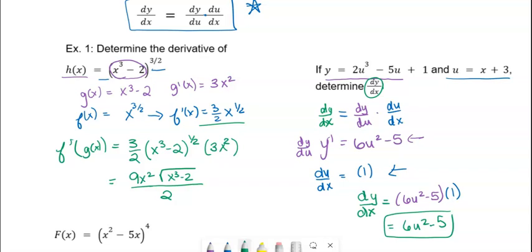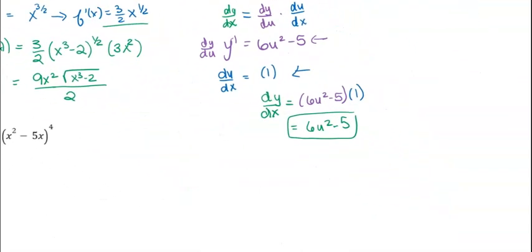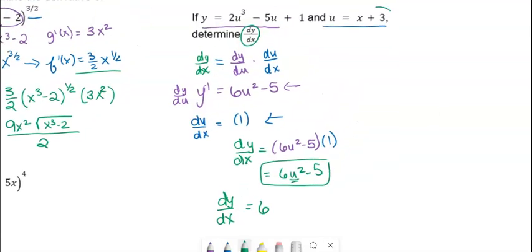And I might want to insert the function of u into this spot here. Instead of u, because I want to have the derivative of y in relation to x, now I need to put what u is. And this is what u is, so this is going in the spot of u.